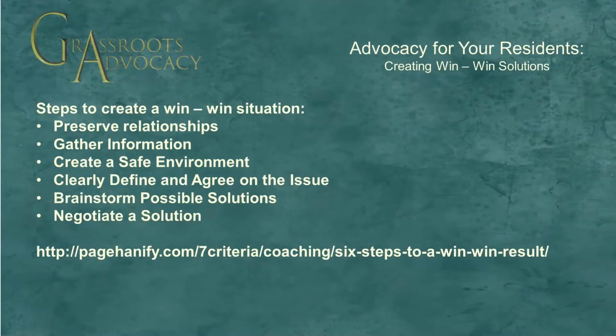And once we clearly define what the issue is, then we want to move on to looking at all of the various possibilities, brainstorming the possibilities. So in Mr. Brown's case, we might offer him a bath instead of a shower. We might offer him a bed bath as opposed to a shower.